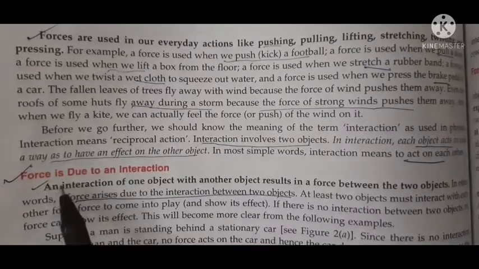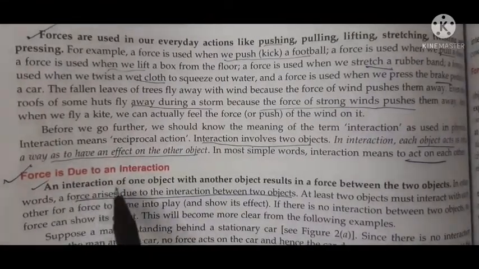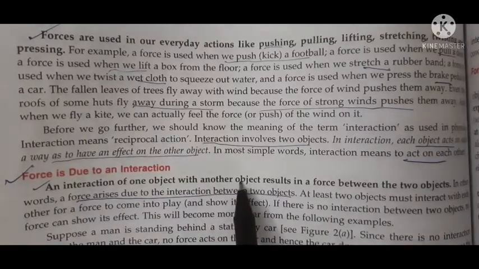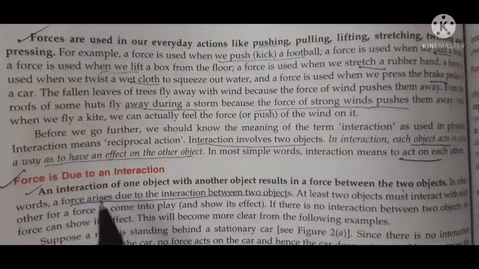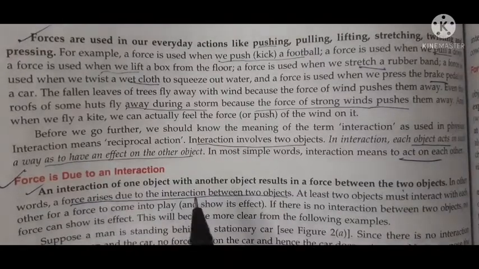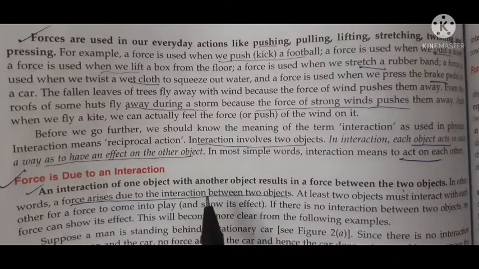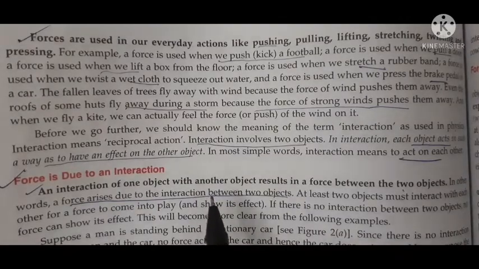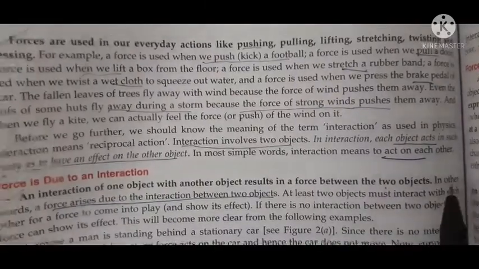So force arises due to the interaction of two bodies. An interaction of one object with another object results in a force between the two objects. One object interacts with the other, the other interacts with the first one, and this results in the force between the two objects.